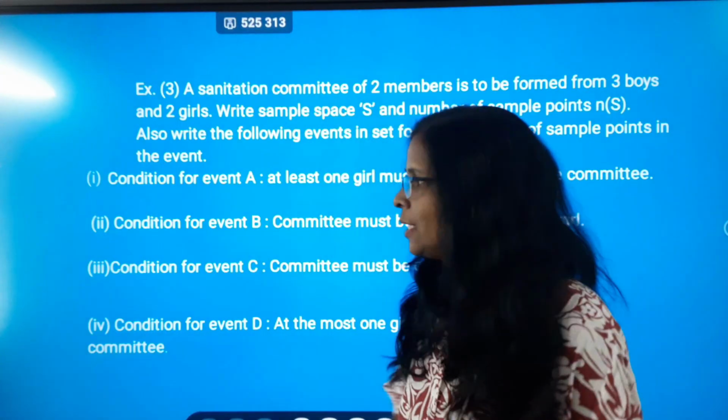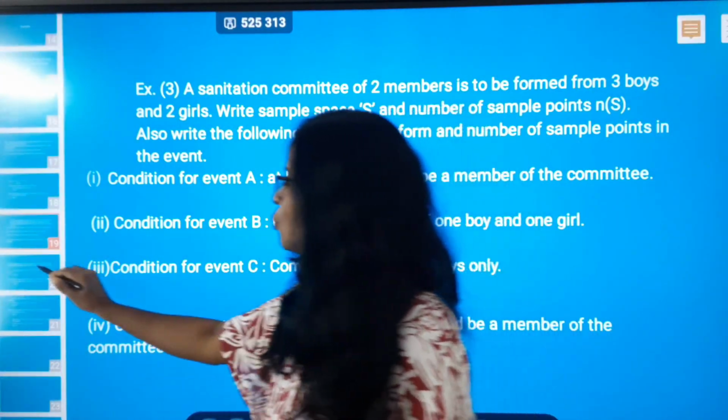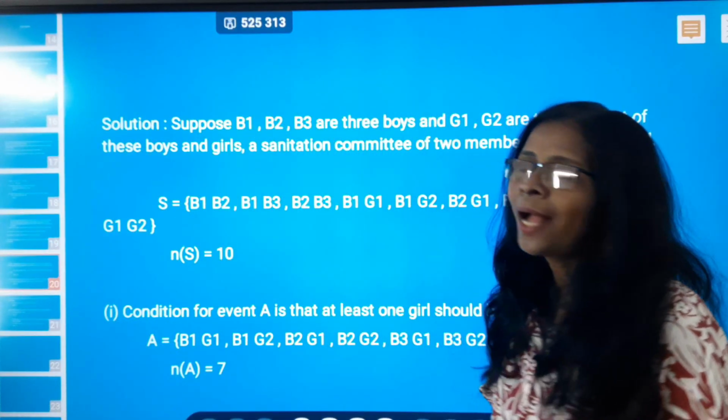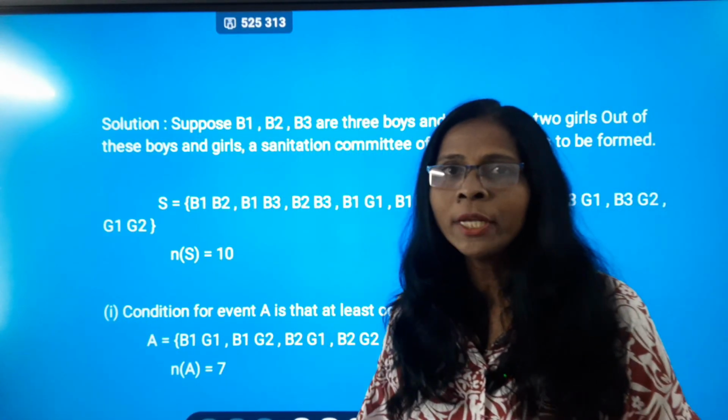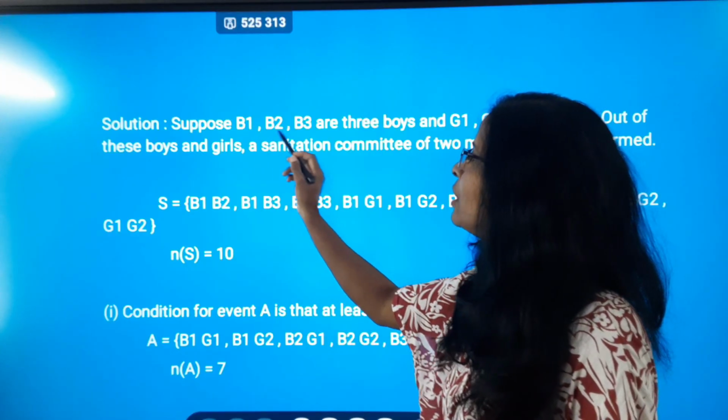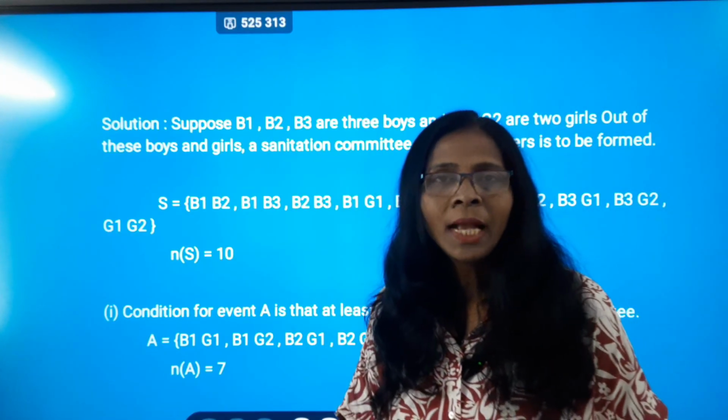So let us see how we can solve it. There are 3 boys, so let us consider B1, B2, B3 as the boys, and G1, G2 as the 2 girls.